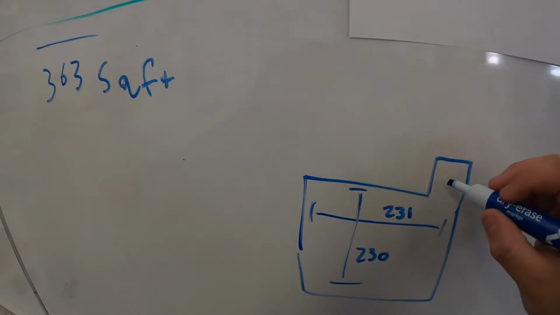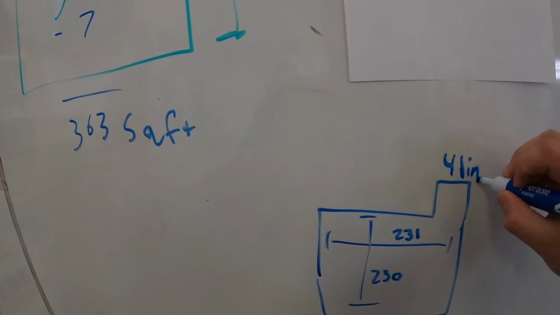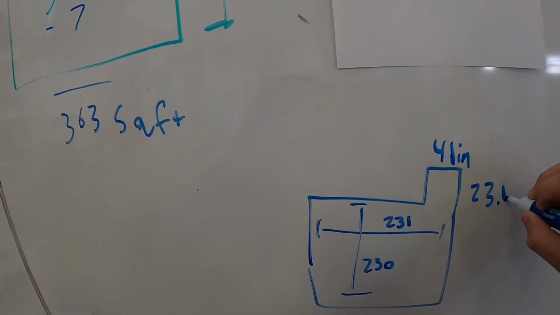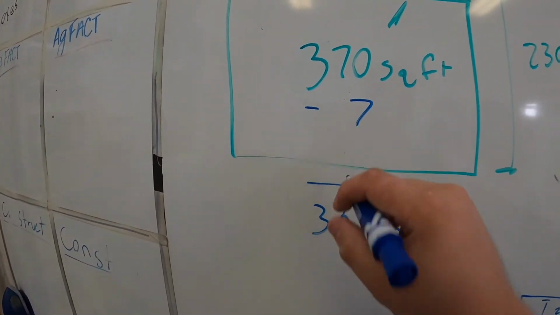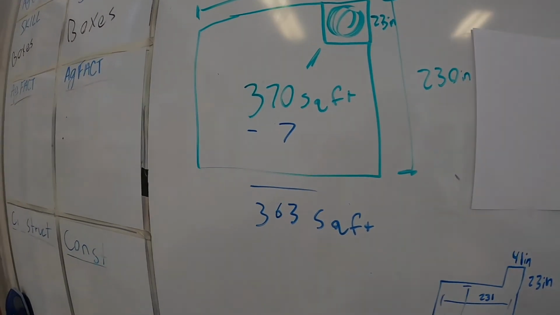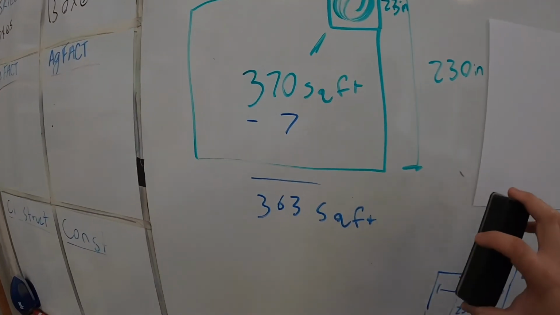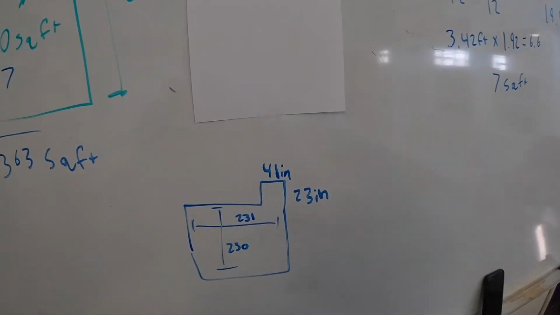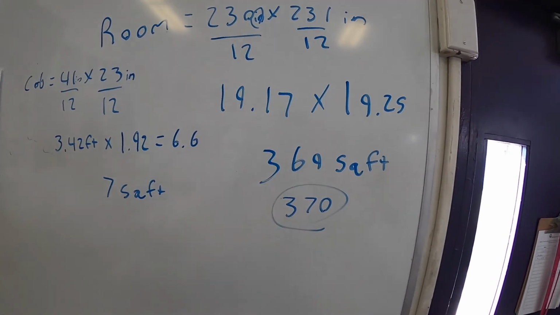Then you have to find out the actual length and width. But instead of subtracting, we add this together because we're adding on another room or another area. Hopefully that makes some sort of sense. This is probably one of the easier types of measurements and trying to figure them out.